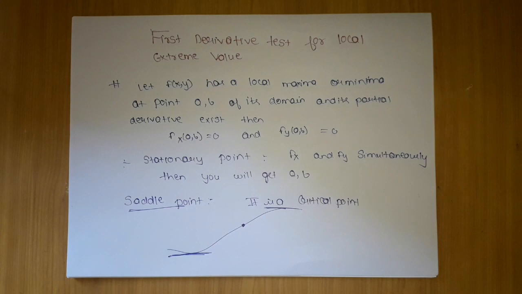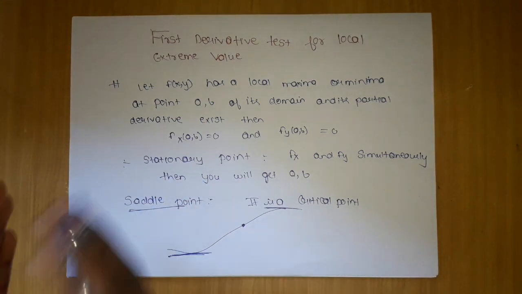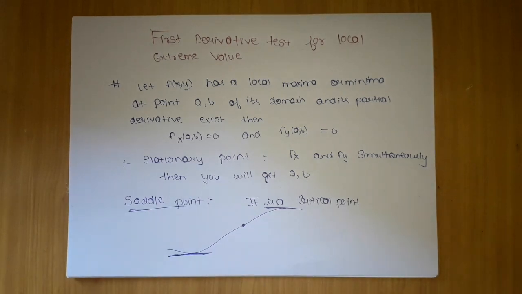Now let's see the second derivative test for local extreme values, which is more mathematical compared to this one, because here we just understand the condition that if a function has a maximum or minima at some point a comma b, then its partial differentiation with respect to x and with respect to y will exist, and we know where the maximum and minima is. And we studied saddle points. It is a critical point where you cannot say whether it is attaining a maxima or minima.